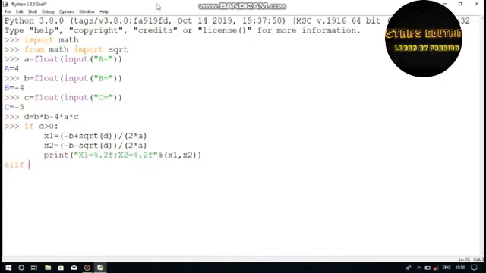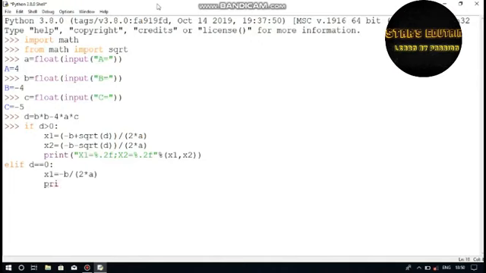Else if d equals 0, if the condition of d equals 0, then print x1 equals minus b divided by 2 into a, with the bracket opened and closed.